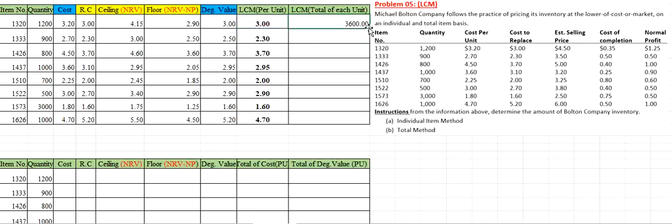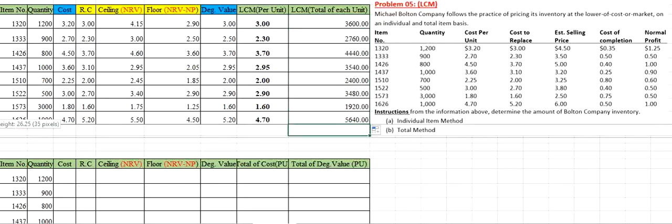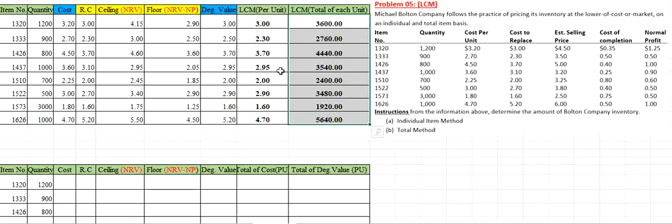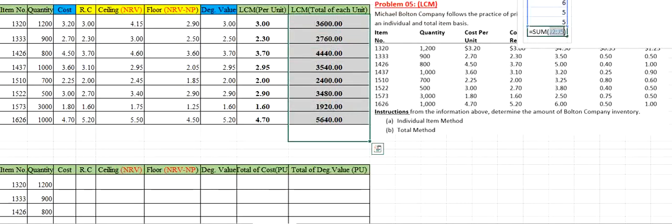And ladies and gentlemen, that's how we do it. So it's an Excel sheet. I have the opportunity to drag it and save time, yours as well. Okay, now I got these values. These are all the total cost of these items, and that's the LCM cost of it. In the total, I will add all of them, 3,600 plus 2,760, 4,450, 3,540 and others.